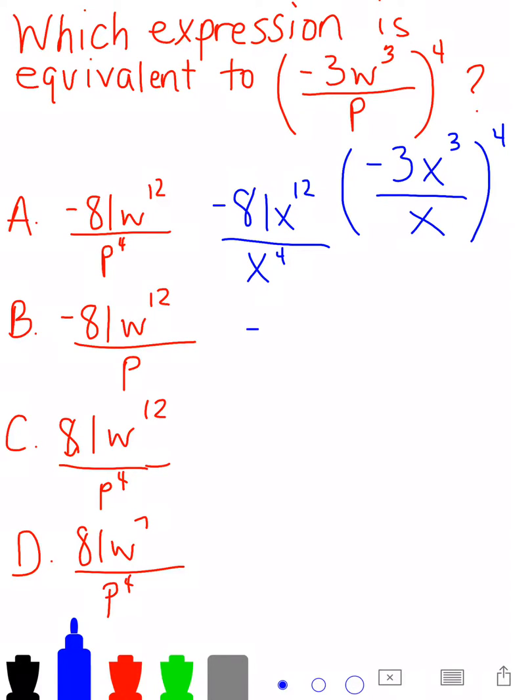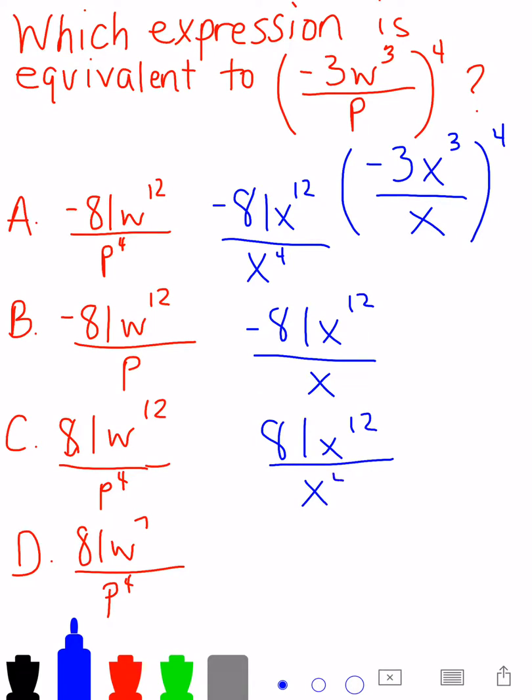Answer choice B is now negative 81x to the 12th divided by x. Answer choice C is now 81x to the 12th divided by x to the 4th. And D is 81x to the 7th divided by x to the 4th.